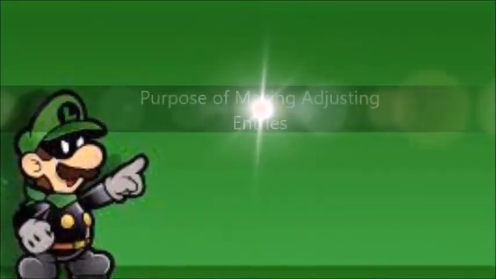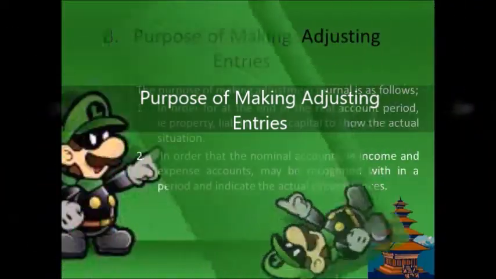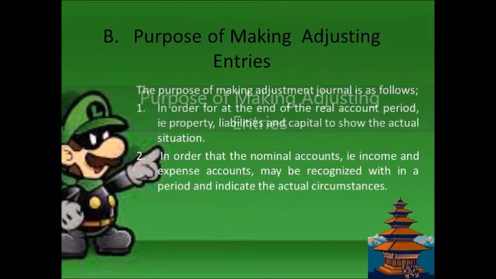Second point, purpose of making adjusting entries. The purpose of making adjustment journal is as follows. Number 1, in order for the real accounts at the end of the period, i.e. property, liability, and capital, to show the actual situation.